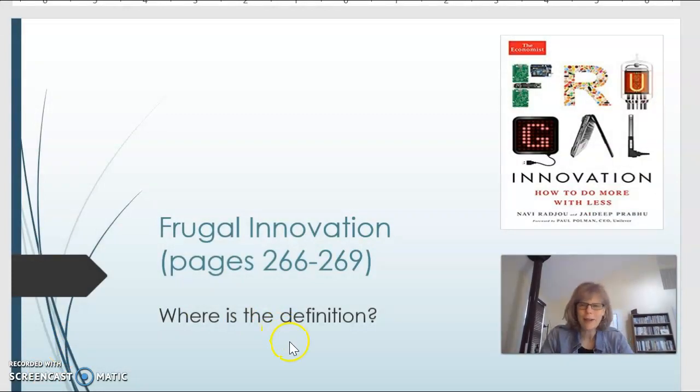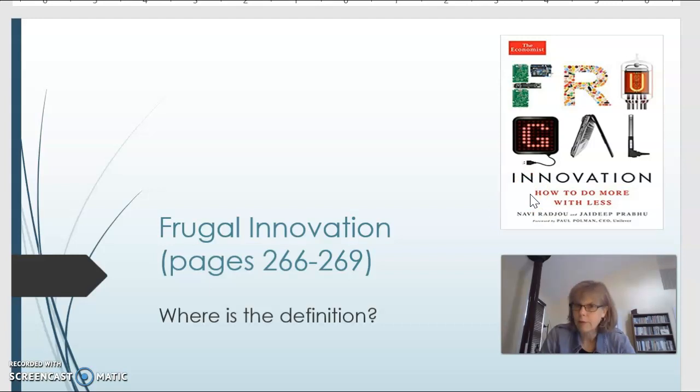Frugal innovation. What is this about? As I was looking online about this term, frugal innovation, I found that some authors have published a book. This is a popular term I found. They subtitled their book, How to Do More with Less.